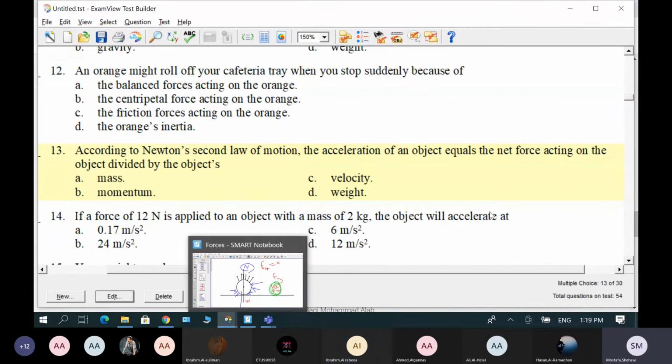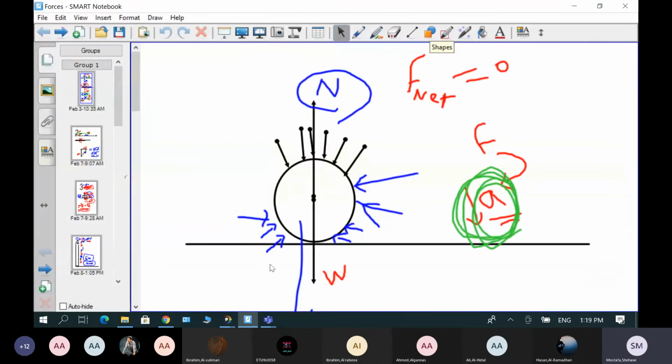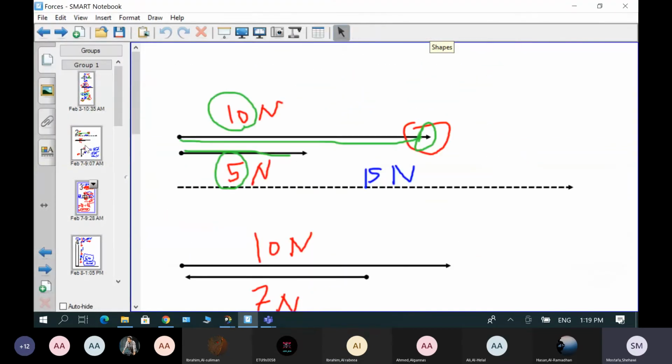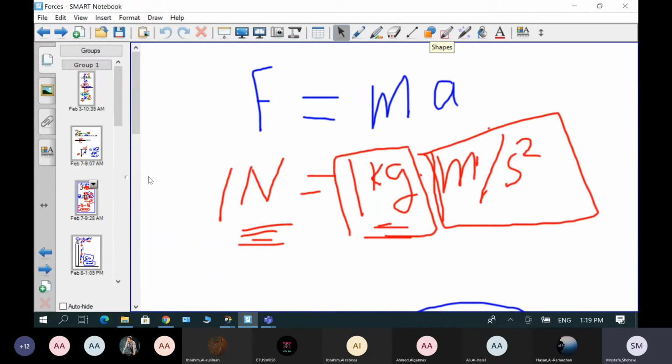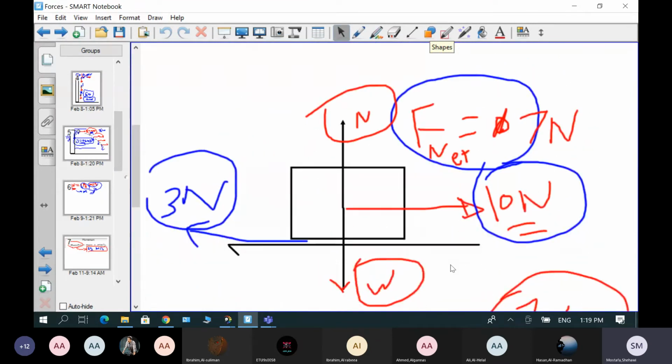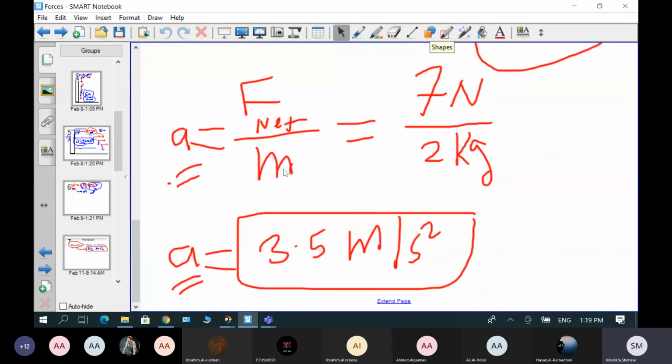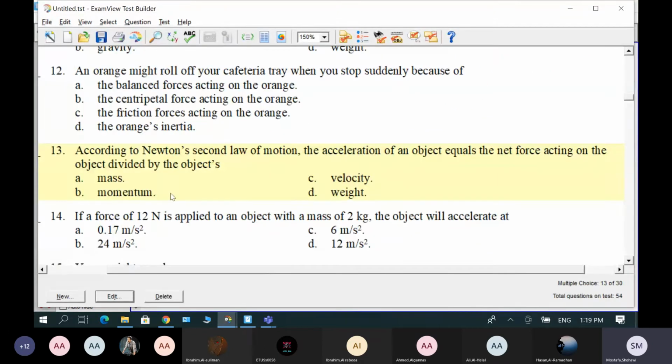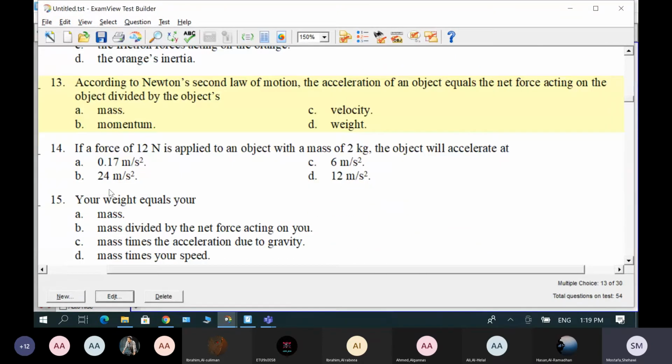Velocity? No. Force divided by, you have it here. Let me just move downward. If you want acceleration, you divide force by what? Mass, yes. Net force divided by mass. So the answer is mass. You divide force by mass. The answer is A. Thank you, Ibrahim.